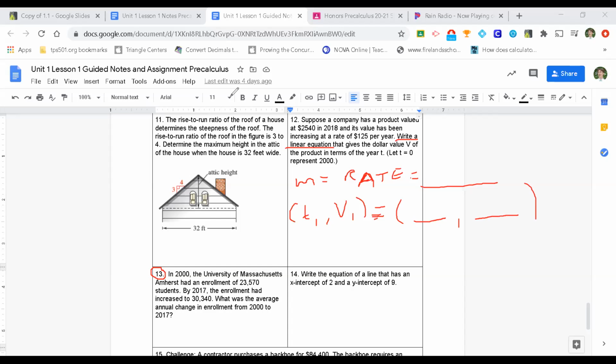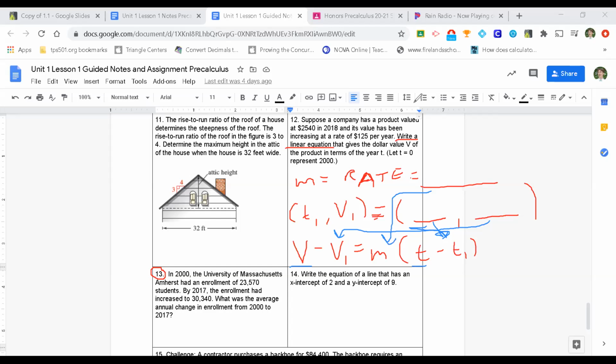Once you have both of those things from line 1, you're going to write your equation by doing V minus V sub 1 equals M times T minus T sub 1. This goes there, this goes there, and this goes there. V and T stay V and T.